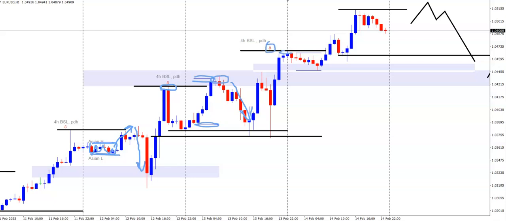4-hourly buy side liquidity, previous day's highs here. We have the Asian move here, range. As you can see, we have a move up to the upside, and in this case what you're looking for is potential manipulation above this 4-hourly buy side liquidity, previous day's highs, in order to trade a potential retracement to the downside. Why?